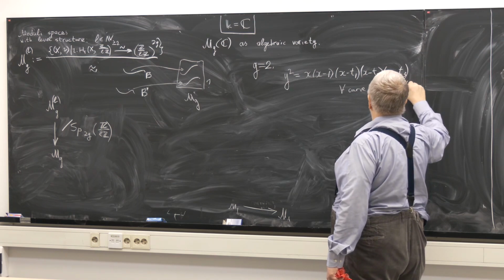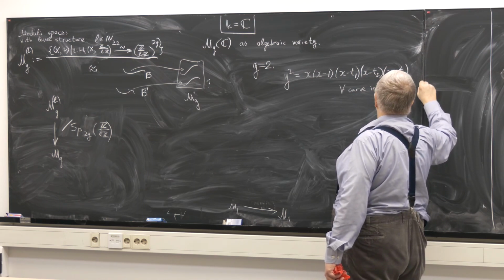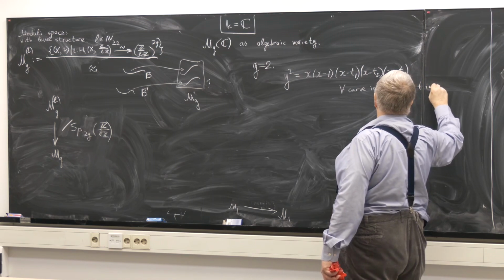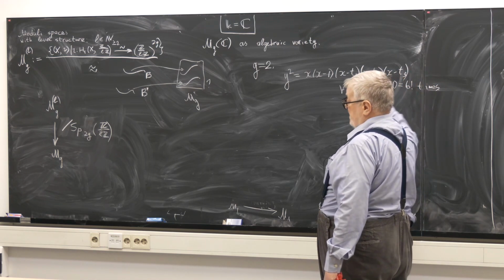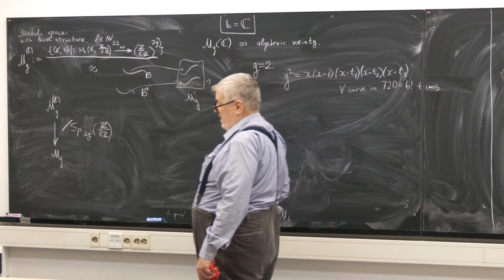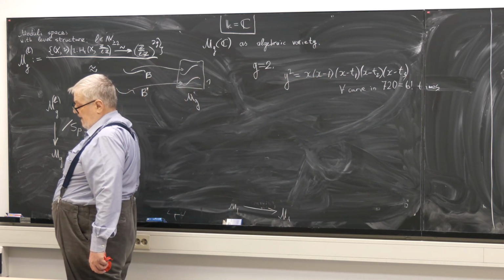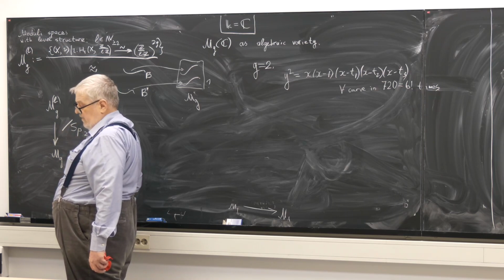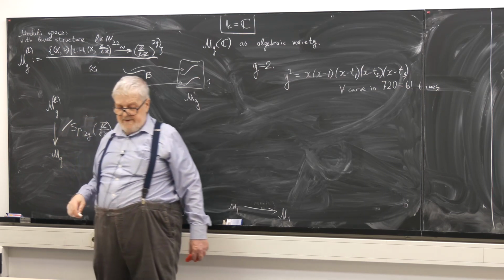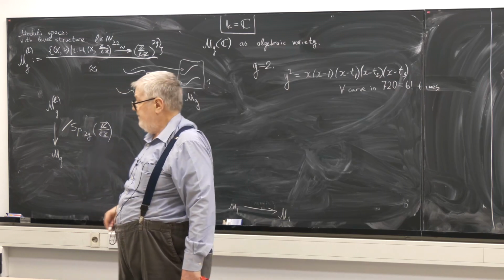That is 6 factorial times. Well, either the generic curve, or we consider them with the appropriate multiplicity.